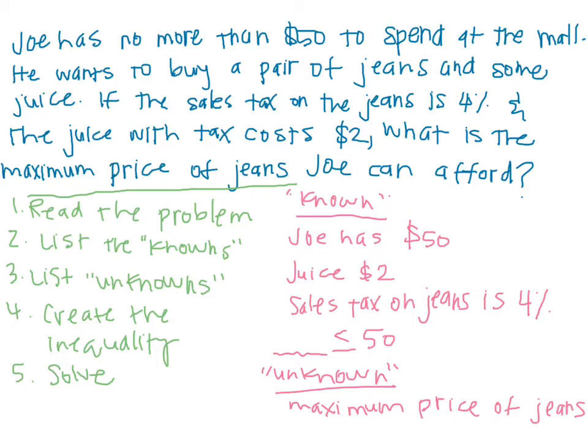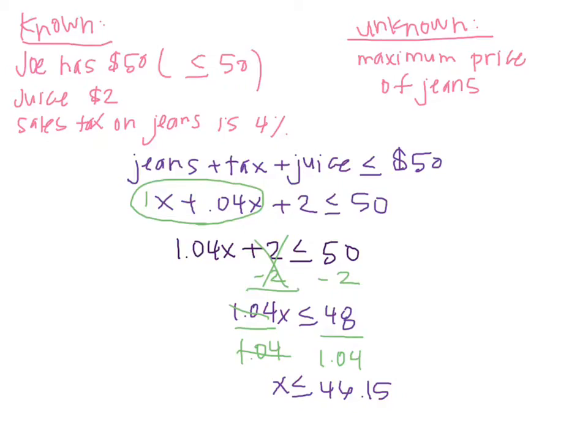Okay, let's finish up our final step here. Step number 6 is to interpret in context, just like we had to do when we were solving inequalities. We had to give an answer in context of the problem. My problem here is, what's the maximum price of jeans Joe can afford? I found out that x is less than or equal to 46.15.